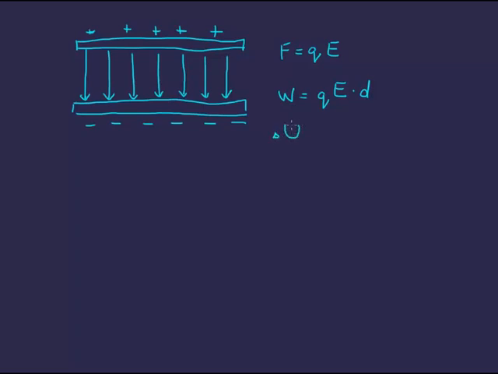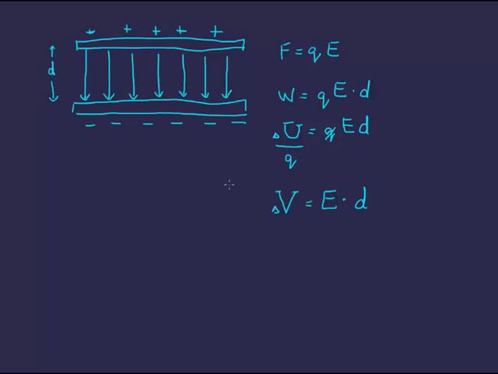So if I replace that here and divide both sides by Q, I get that the potential energy per charge equals E D. Well, potential energy per charge is our potential difference, so delta V equals E times D. That's the strength of the electric field times the distance. Quite often, this D is the distance between the two plates. That's going to become handy for us in many, many problems.